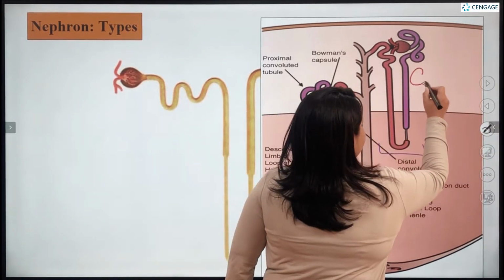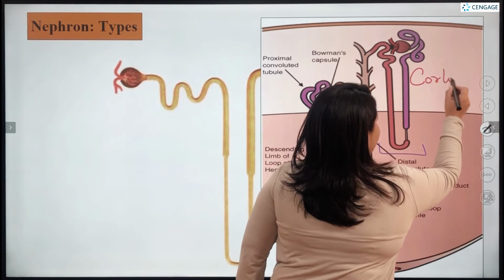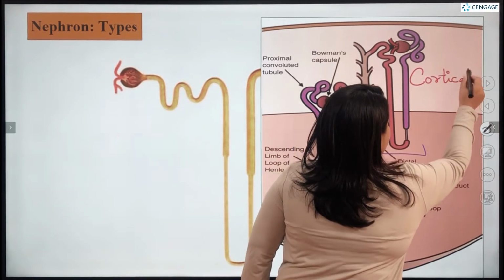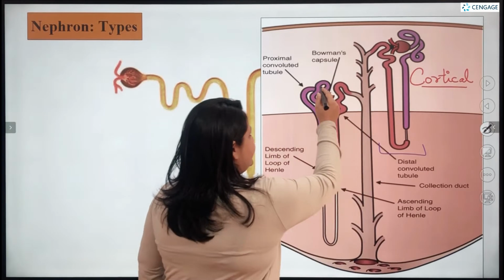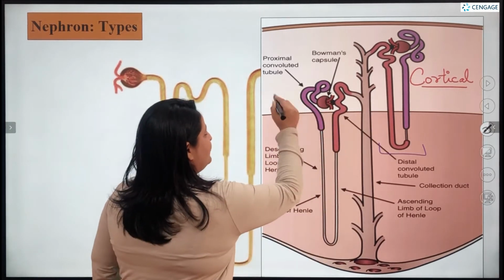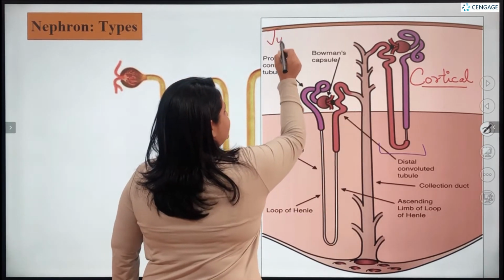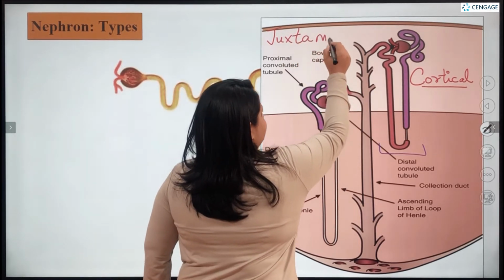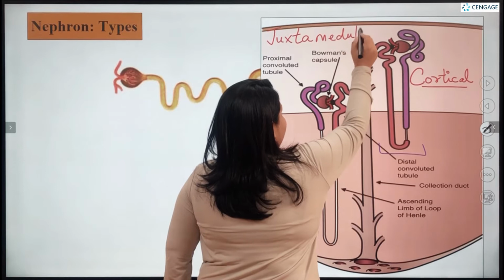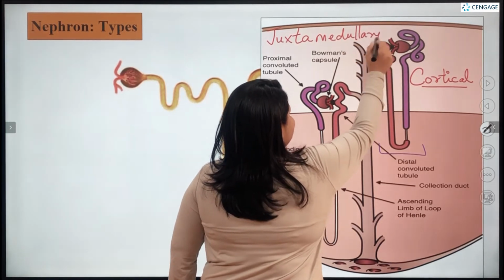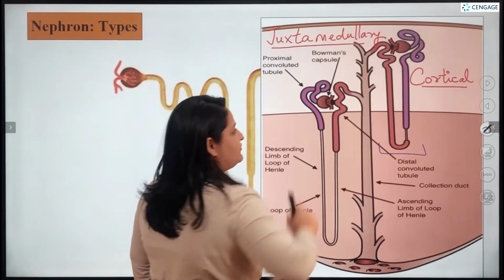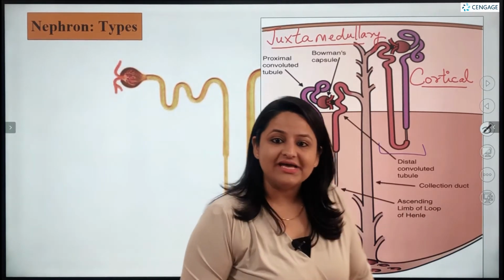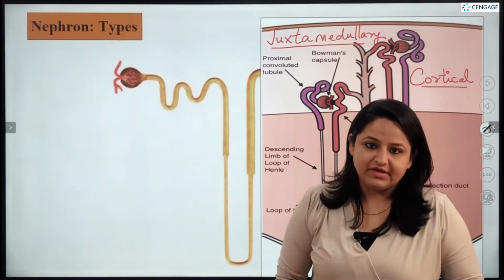These ones are the cortical nephrons, the smaller ones, whereas these ones, the longer ones, are known as the juxtamedullary nephrons. So depending upon their function as well as their size and structure, the nephrons are of two types, the cortical nephrons as well as the juxtamedullary nephrons.